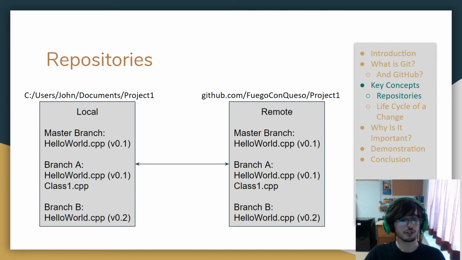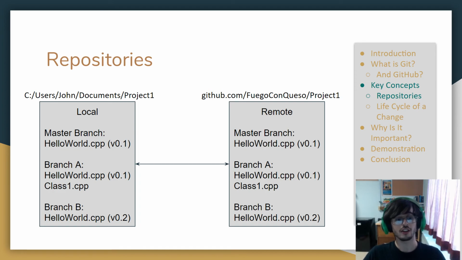But you'll notice, we have all these things, and via the GitHub Desktop application, or however you're managing your repositories, when you switch between the branches, this is actually going to be reflected in your folder. So if you're on the master branch, you'll just see HelloWorld.cpp.